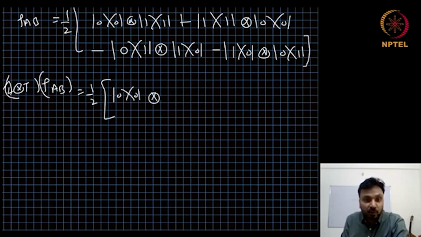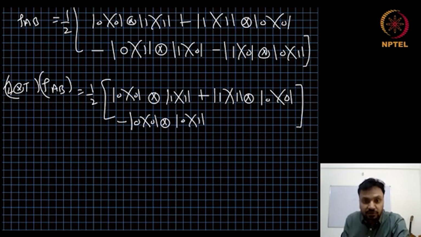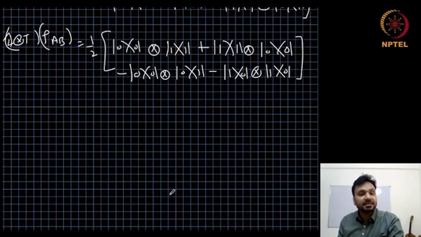So transposition on 1, 1 remains 1, 1. 0 and 1 are real states, so there is no complex conjugate coming here. 1, 1 tensor 0, 0 will remain 0, 0, minus 1, 0 tensor 0, 1 will become 0, 1 tensor 1, 0 after taking transposition, minus 1, 0 tensor 1, 0. So this is our matrix after transposition.